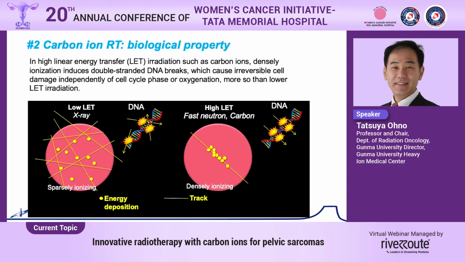In contrast, in the high linear energy transfer radiation, such as carbon ions, dense ionization induces double-strand DNA breaks, which can cause irreversible cell damage independently of cell cycle phase or oxygenation, more so than lower LET radiation. Such property is advantageous for treating X-ray resistant tumors.